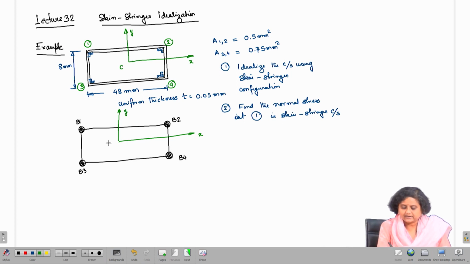So, the centroid C will not be exactly at the center, and let YC from the top flange be the y coordinate of the centroid C. So this is therefore the skin stringer idealized cross section.